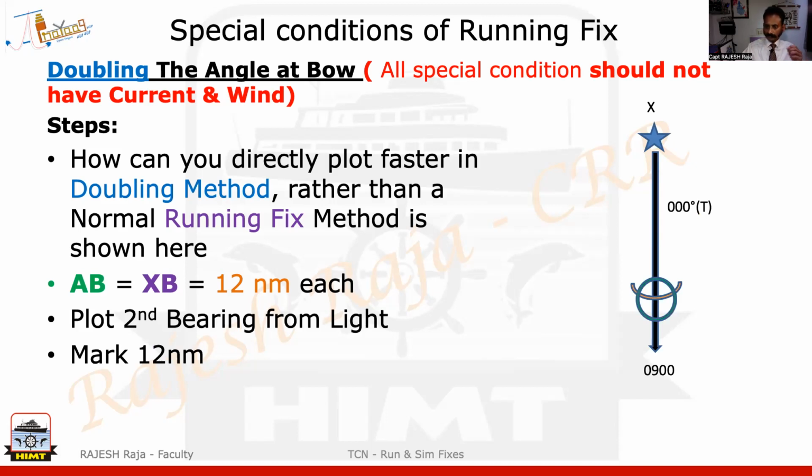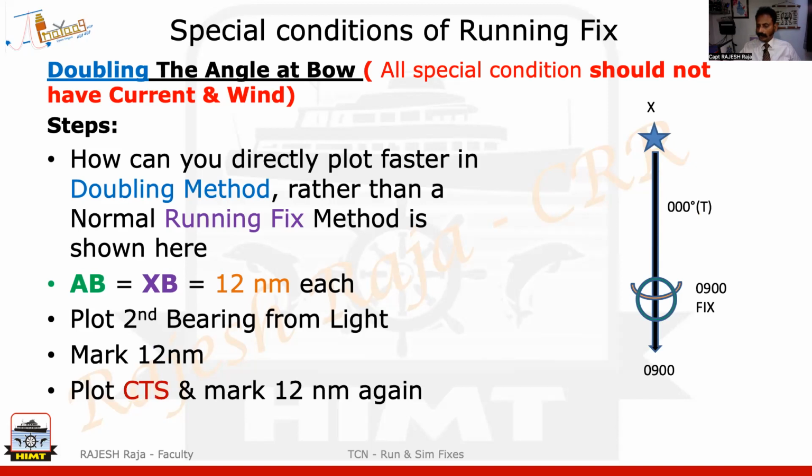The moment I know this, I know what I have sailed in the last 1 hour. It is 090. So I'm going to mark my CTS in the reverse. And this distance is also exactly the same, as XB is equal to AB. I'm going to cut an arc again with 12 nautical miles from the 9 o'clock fix. That gives me the 8 o'clock fix.